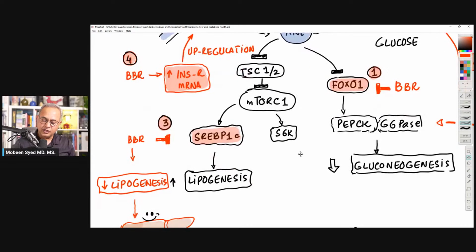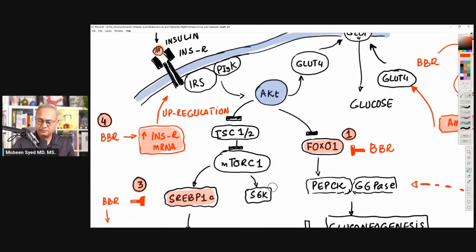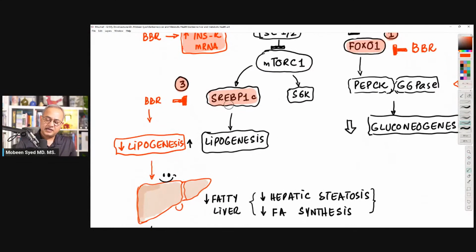And what does it do? It activates SREBP1 and S6K. I'm going to leave the S6K function for the time being. Actually, you would see that it works back here, so we'll leave that out. SREBP1, in turn, causes the fatty acid synthase enzyme to become activated, and that starts making fatty acids, lipids, and fats.